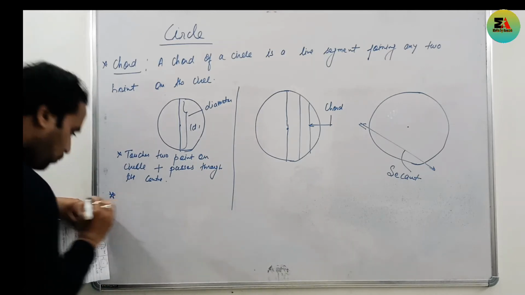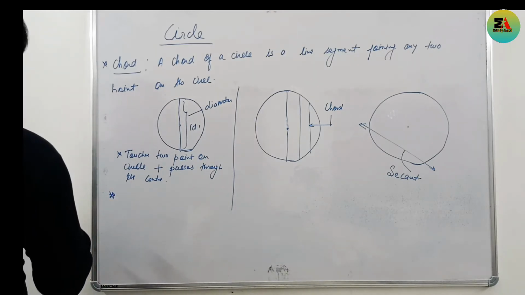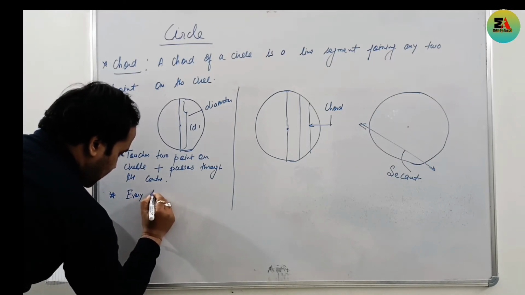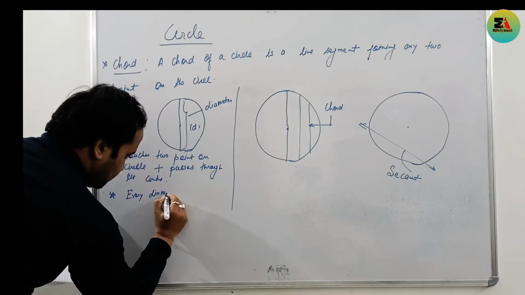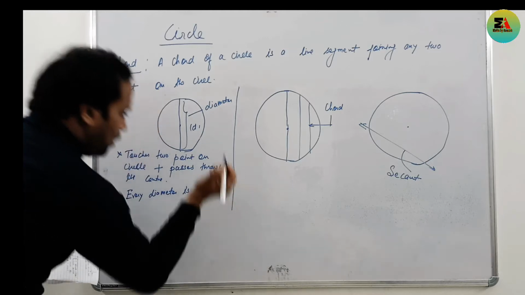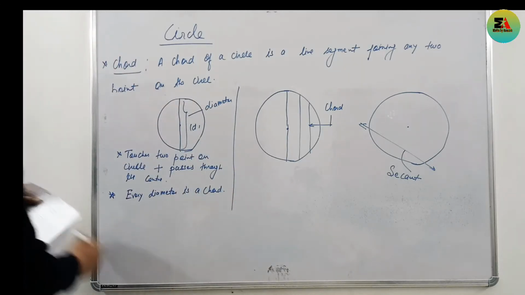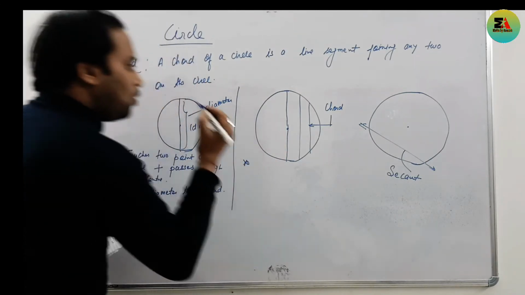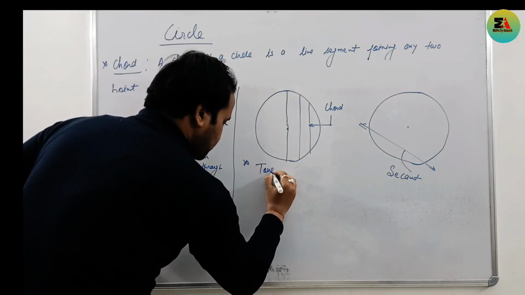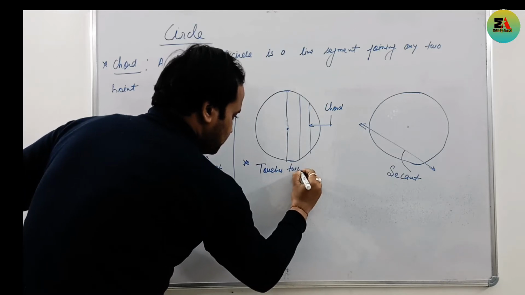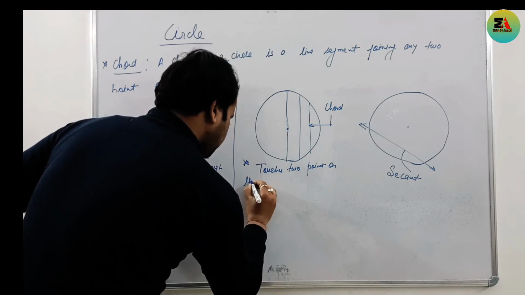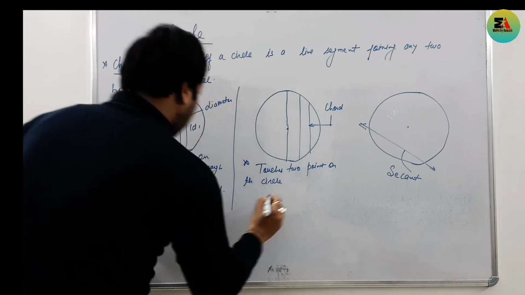And most important point, every diameter is a chord. What about a chord? It touches 2 points on the circle.